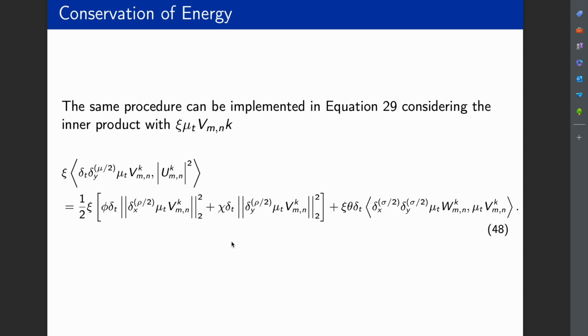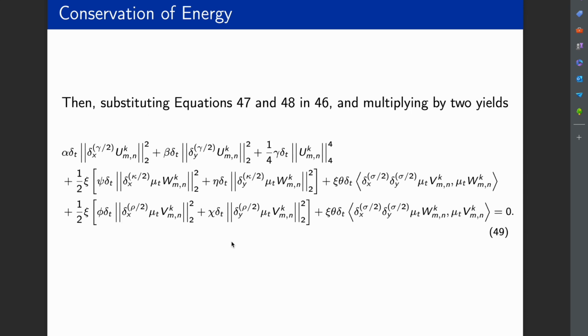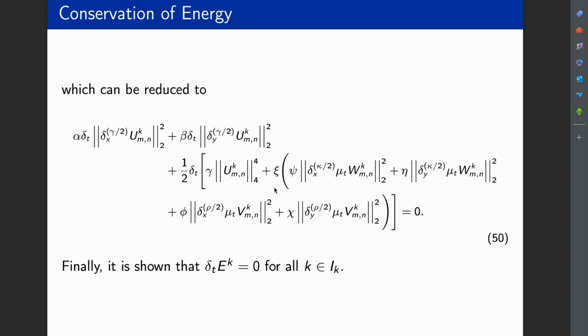The same procedure is going to be used on equation 29, and using those two new equations and substituting them on equation 46, we are going to have the following part. Reducing these expressions, we are going to have the following expression, and this will show that the energy will remain constant over time.